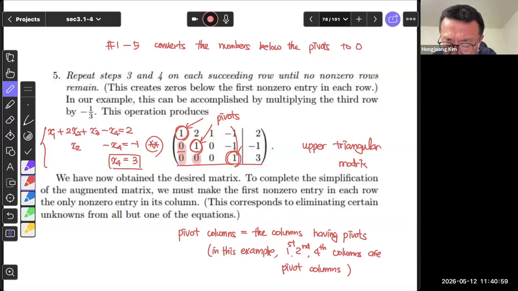And these steps, number 1 through number 5, are called the forward phase. Depending on the authors and textbook, they may have different expressions, but usually it is called the forward phase.